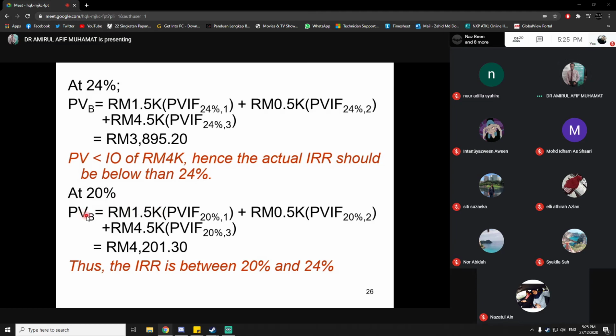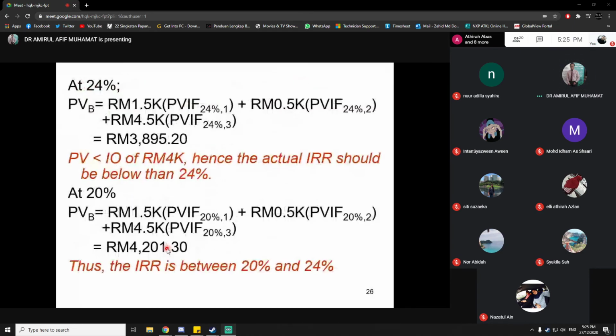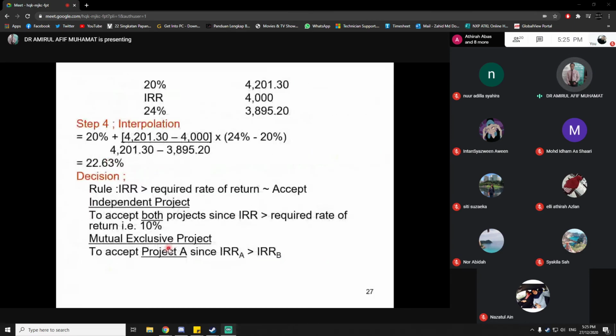With 20% it's the same thing. This is the amount for the first year times the 20% factor, second year find the factor, third year income times the factor, and you get 4,201 ringgit 30 cents. Your cost is 4,000, right?